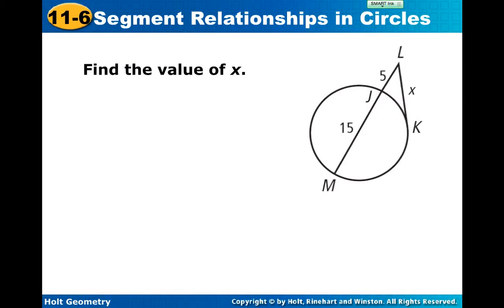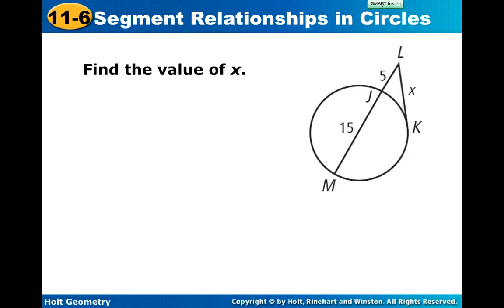Okay, so notice where you have a secant and a tangent. The theorem says you can take on the secant the exterior part times the whole secant segment, and that will equal the tangent part times the tangent part.